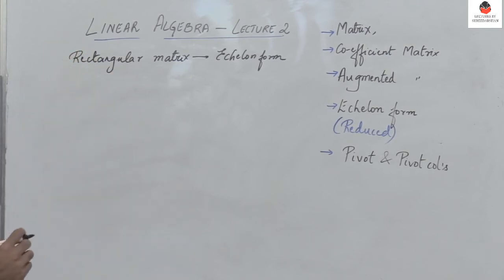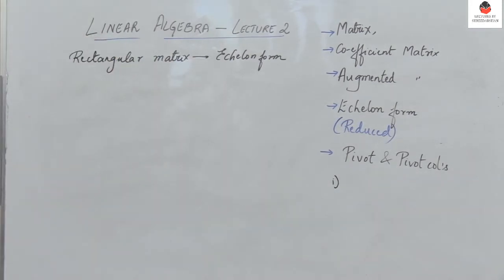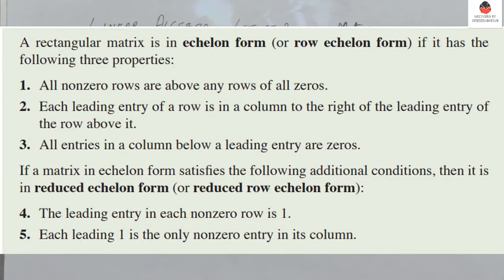The three specific points are on your screen. One, all the non-zero rows are above any rows of all zeros. Point 2, each leading entry of a row is in a column to the right of the leading entry of the row above it. And 3, all entries in a column below a leading entry are zeros.